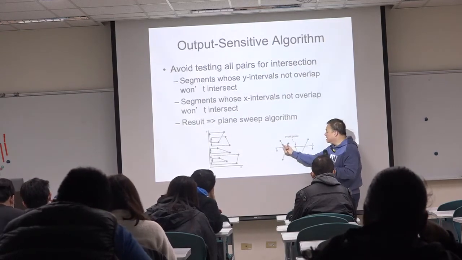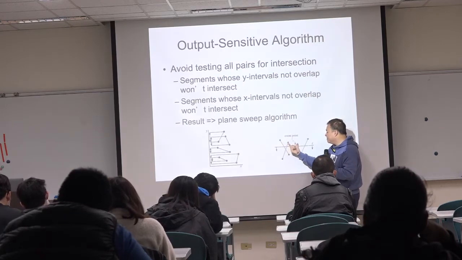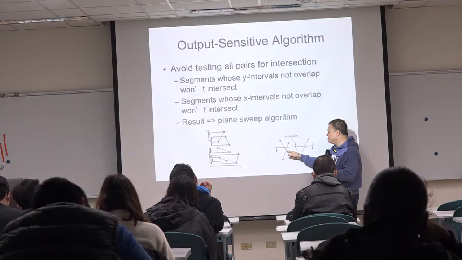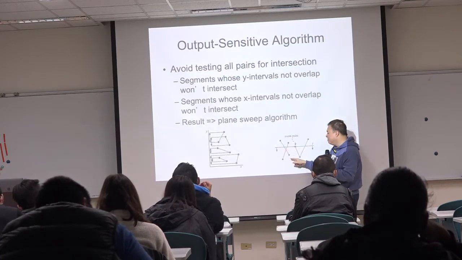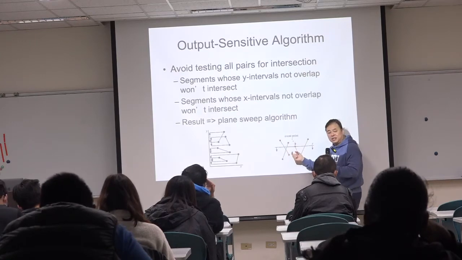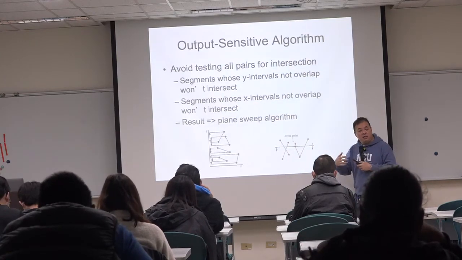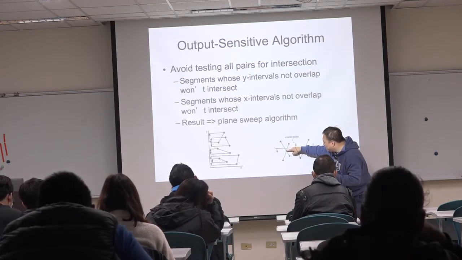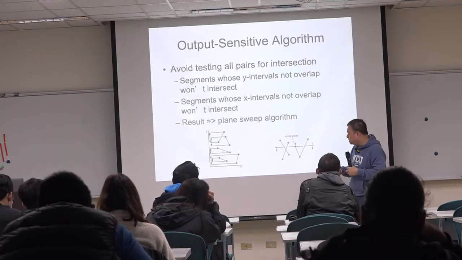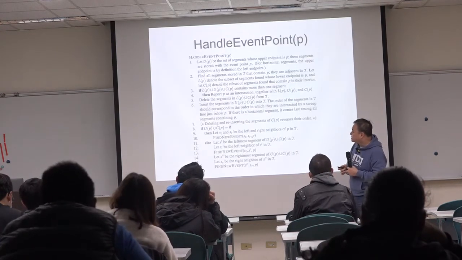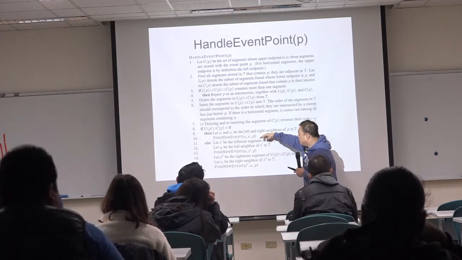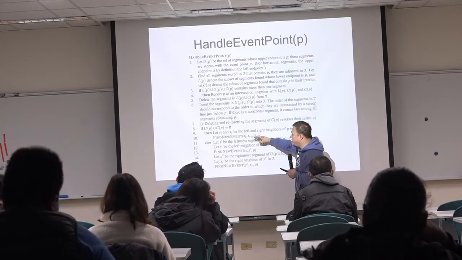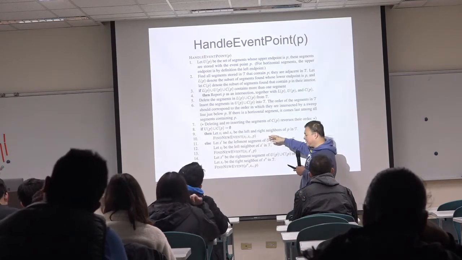So we consider these two neighboring segments to see if there is any event point that may happen before the next one. We will find this one, and then insert that one into the event queue, which will be handled in the find new event subroutine.